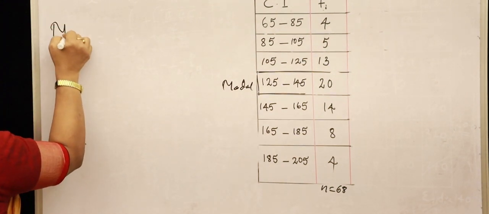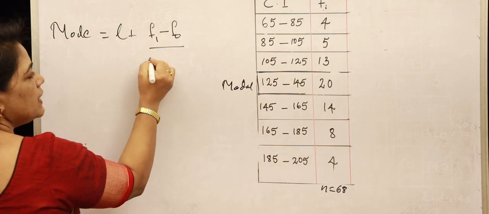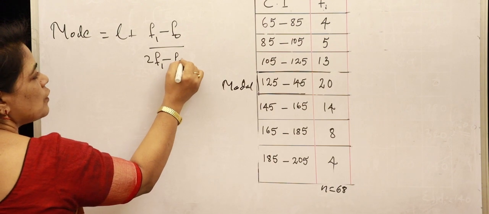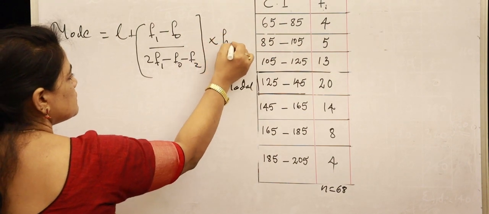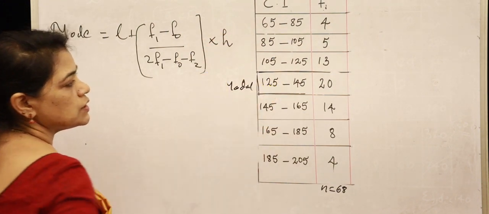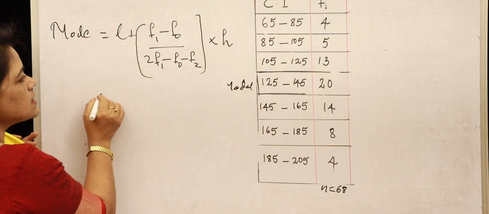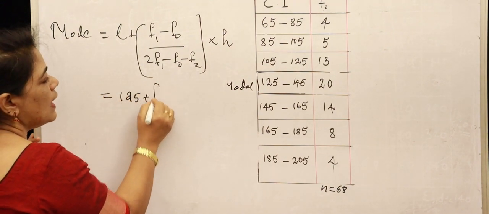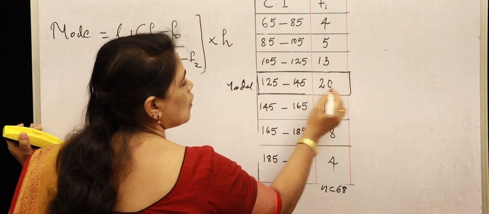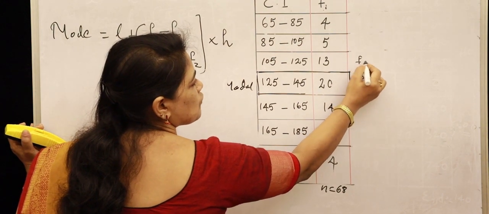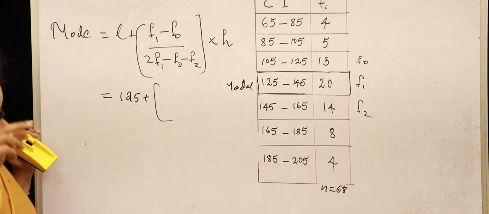For a continuous class interval, the mode is L plus (F1 minus F0) divided by (2F1 minus F0 minus F2), this is a fraction, into H. We have seen that 125-145 is the modal class, and its lower limit, 125, is L. The frequency of the modal class is F1, and this is F0 and this is F2. So that is the order: F1, F0, F2.